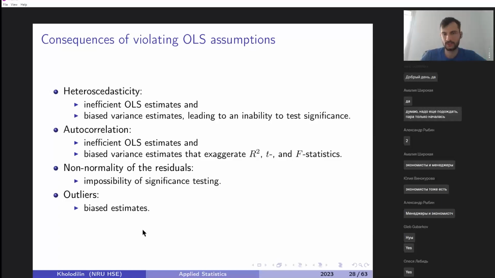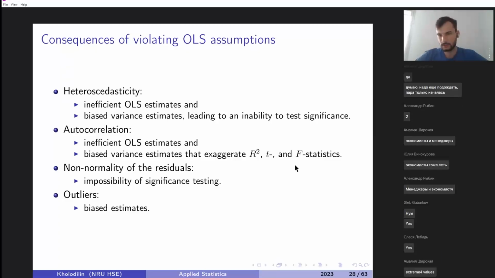So can you guess what is an outlier? Yeah, for example, how you can describe the outlier observation.